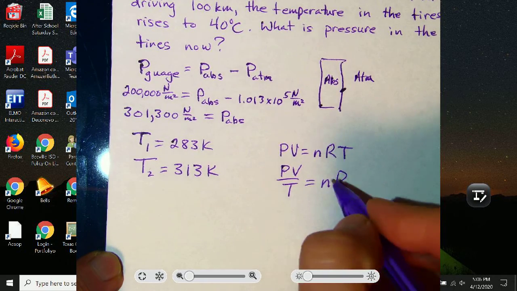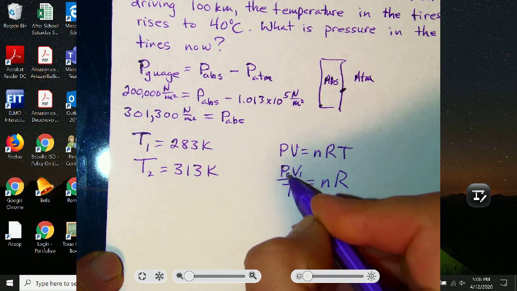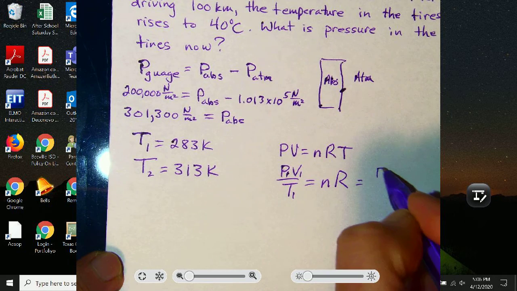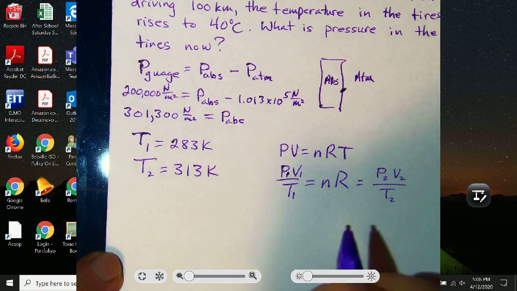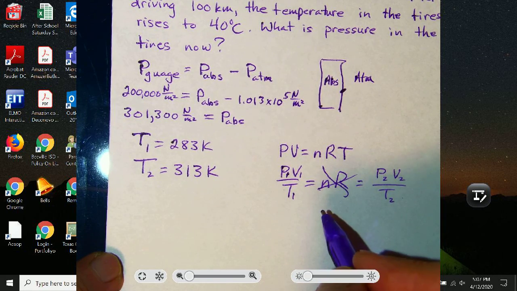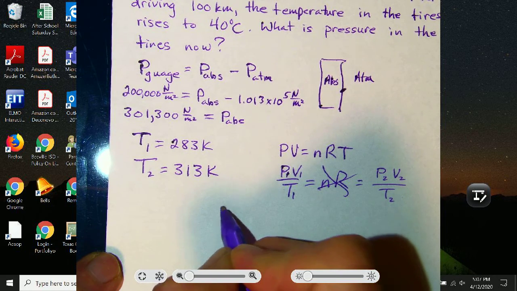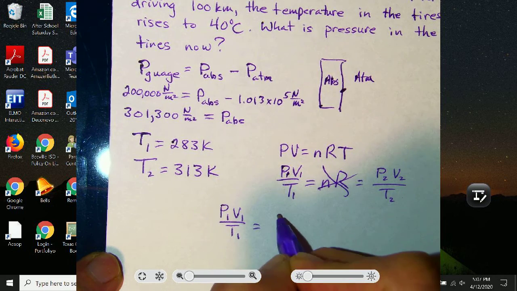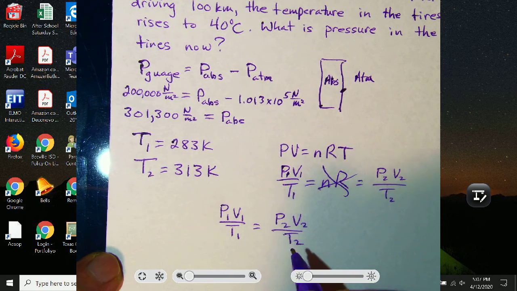So that part stays the same no matter what else changes. Our first pressure, volume, and temperature are going to be equal to our second pressure, volume, and temperature over here. These give us the same constant. So the equation we're going to be dealing with is P1 V1 over T1 equals P2 V2 over T2.